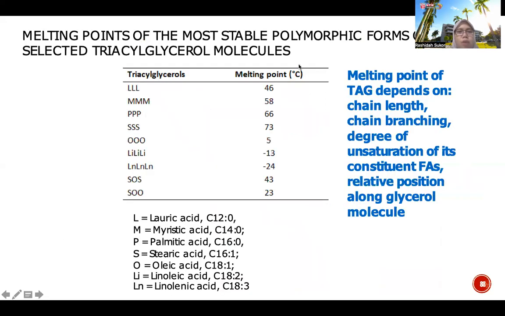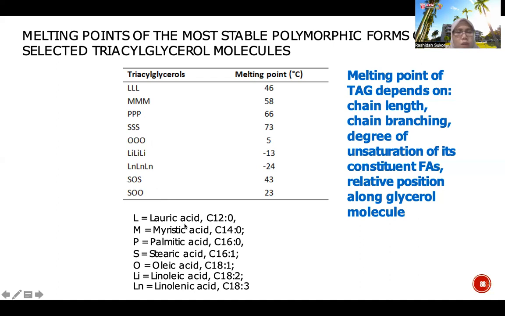So, the melting point of the most stable polymorphic form of selected triacylglycerol molecules. This is the arrangement of the triacylglycerol. In triacylglycerol you have three fatty acids on the glycerol backbone. So it has one backbone and then three fatty acids arranged in the molecule of TG or triacylglycerol or TAG.